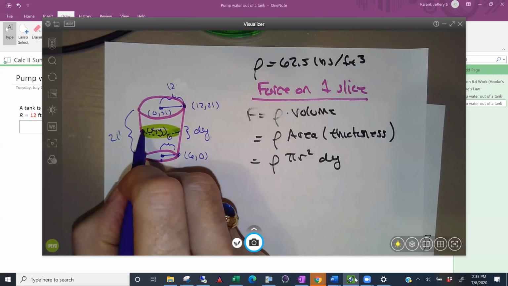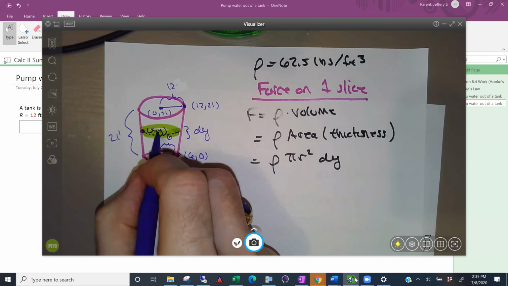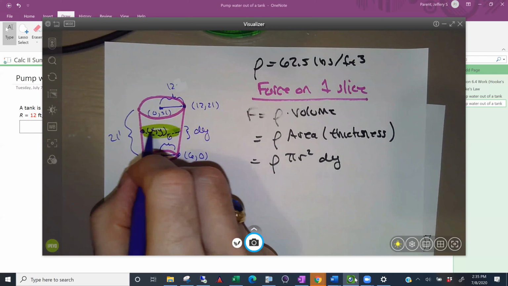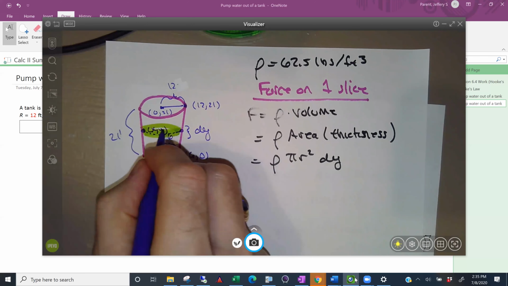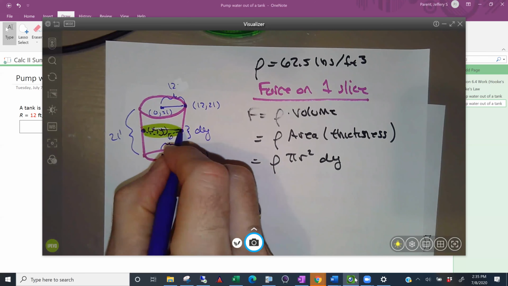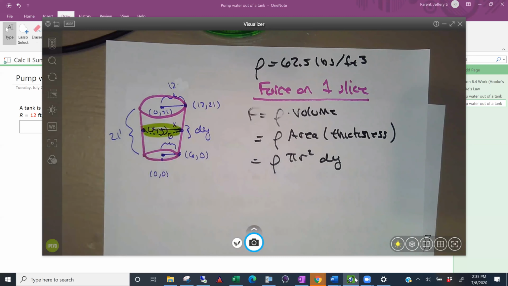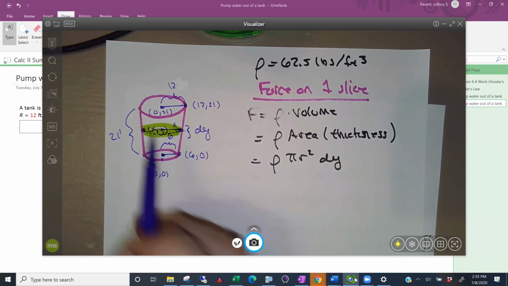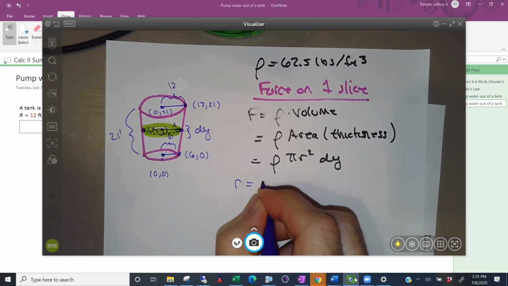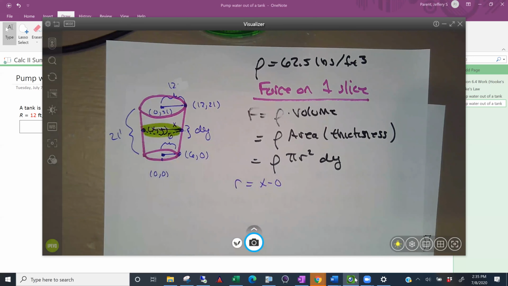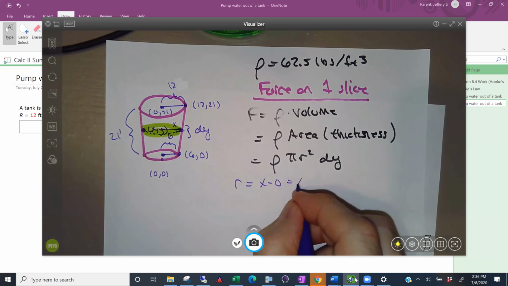I've given myself some general coordinates on this figure. I could have put it over here, it doesn't matter. But the distance from our center line to the edge is going to be x minus 0, so just x.